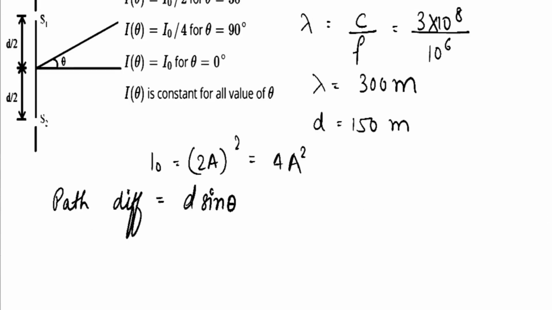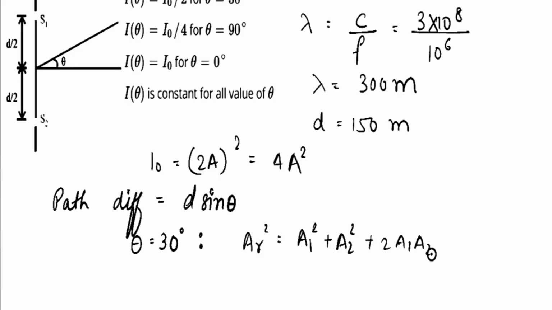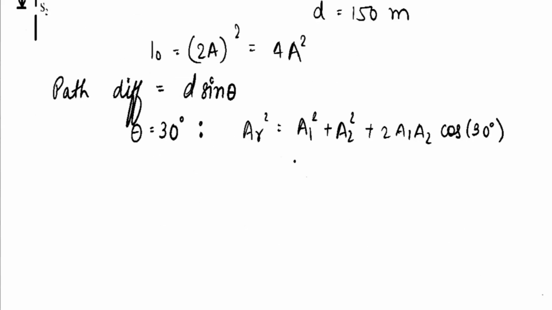Since for theta equals 30 degrees, we can say AR square equals A1 square plus A2 square plus 2 A1 A2 cos 30 degrees.